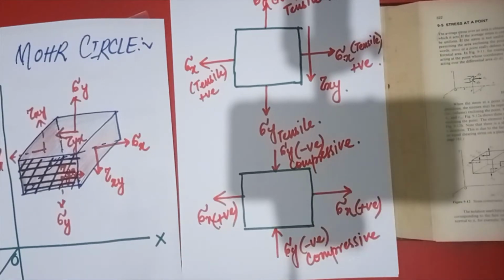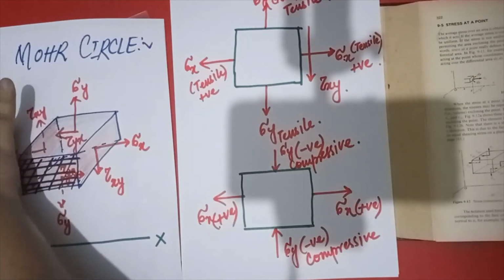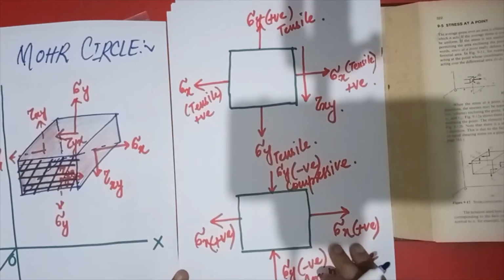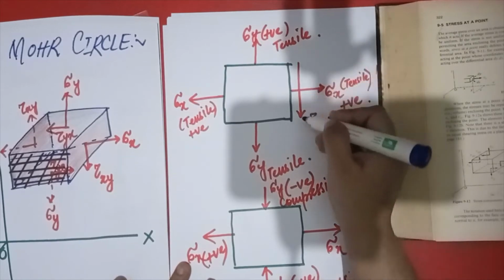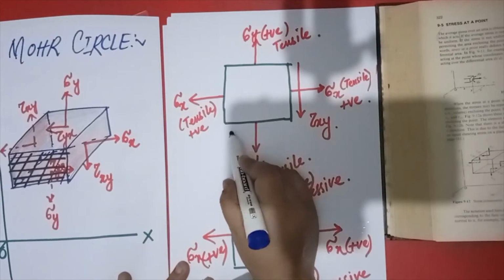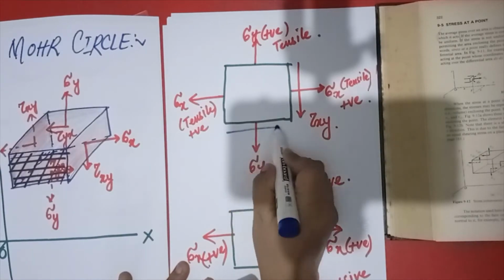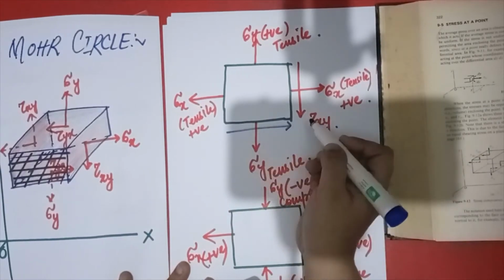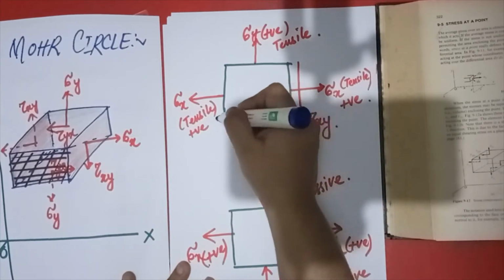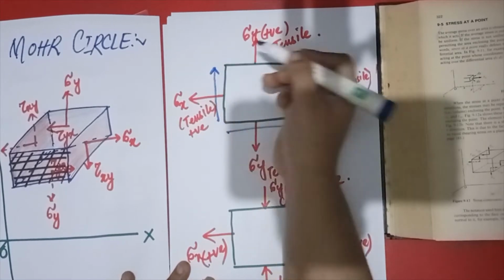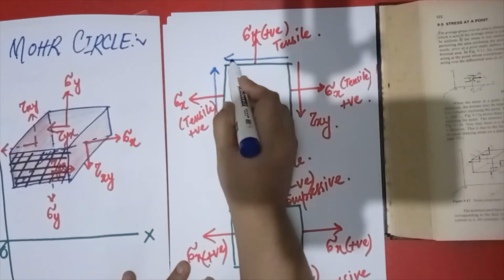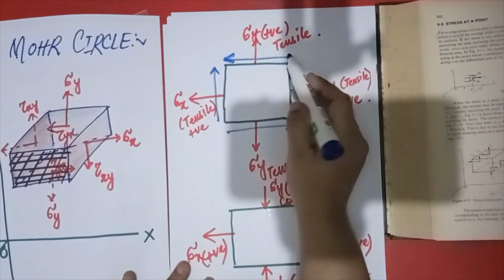So what do we have to do next? In the next step, I am going to tell you about tau xy. If its direction is downward, we have to go with the head to tail rule. If this is head, this should also be head. And if this is tail, there should be a tail here.